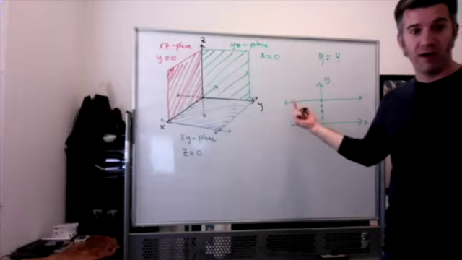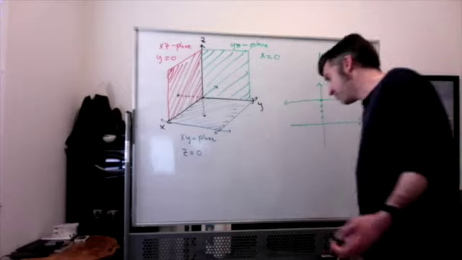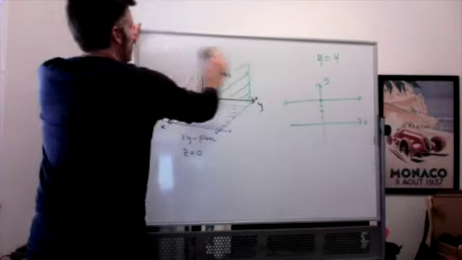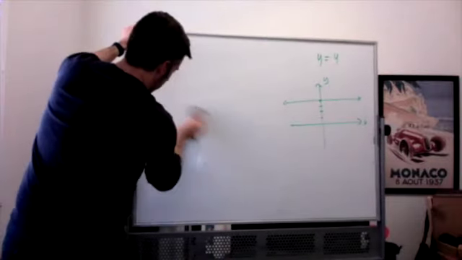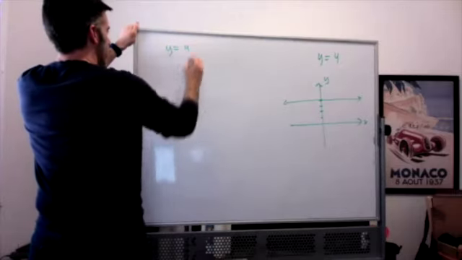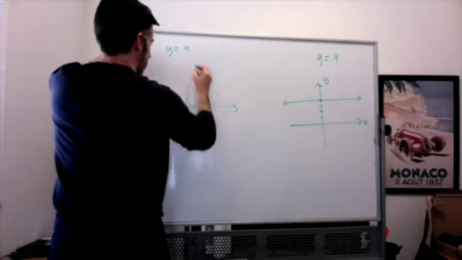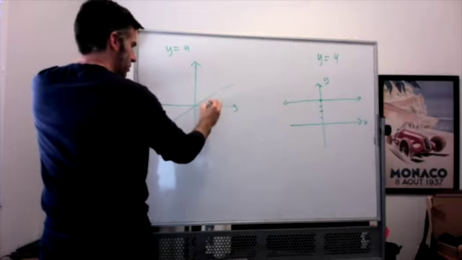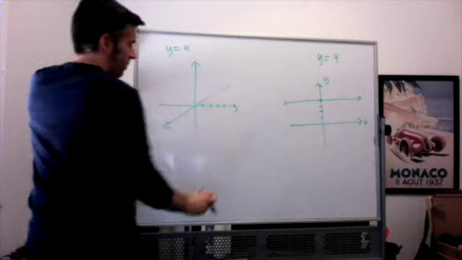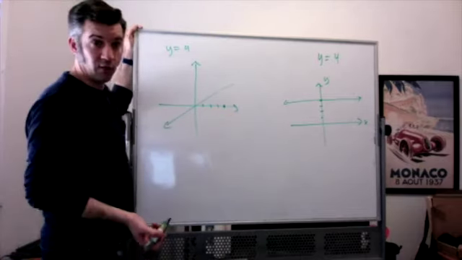It's really the same idea, just we're upping the dimensions. So I want to graph y equal to 4 in 3 dimensions. I'm going to go over 1, 2, 3, 4. So y equals 4 is right there. There's the point 0, 4, 0.